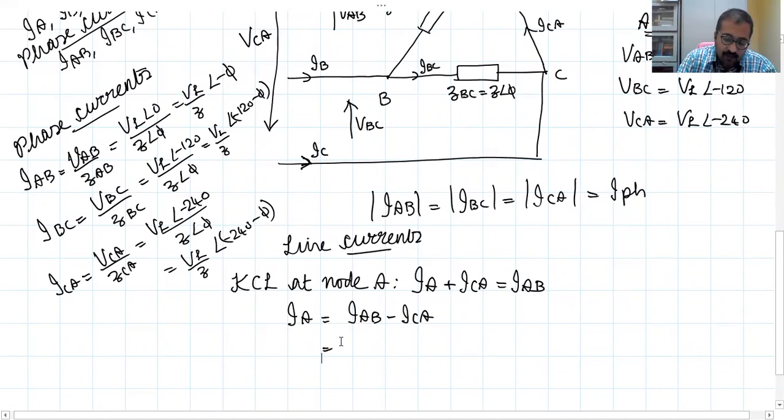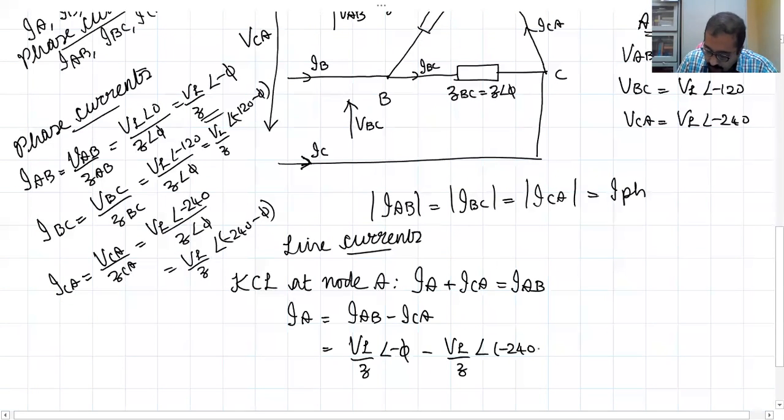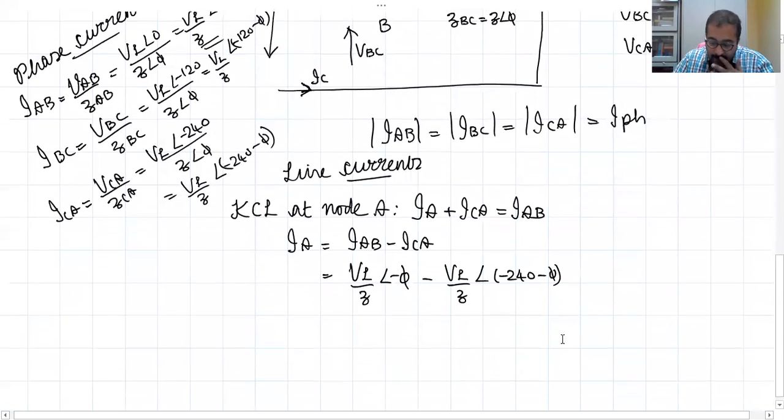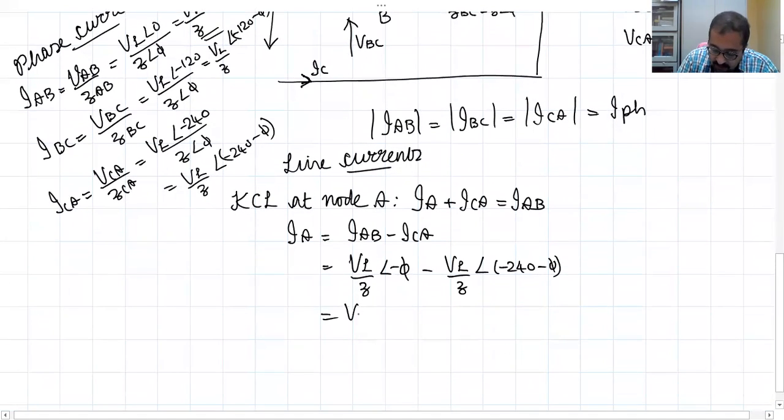What is IAB? We had already found VL by Z angle minus phi, minus what is ICA? It is VL by Z angle minus 240 minus phi. How will you solve this? I can take VL by Z angle minus phi common. That means 1 angle 0 minus 1 angle minus 240.